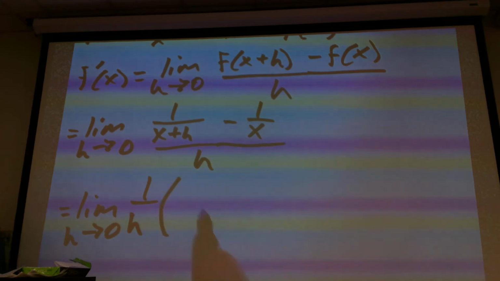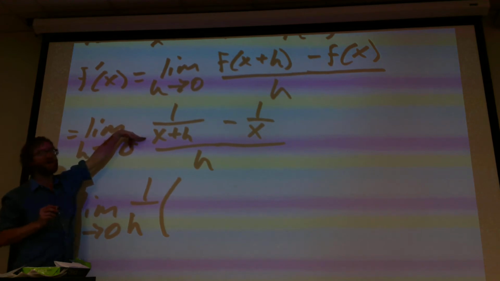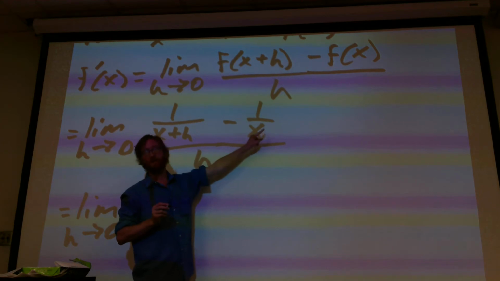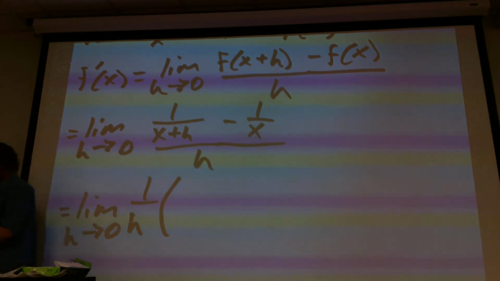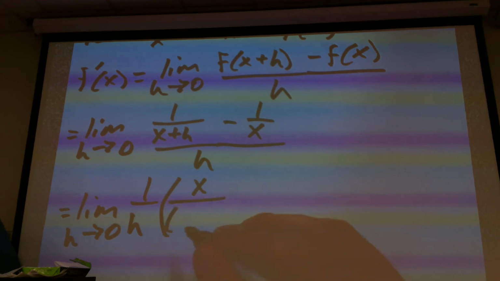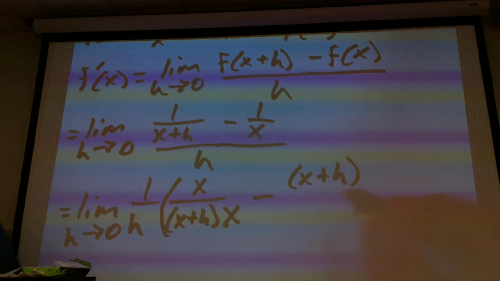Now, to get a common denominator, I'm going to have to multiply this guy by x divided by x, and I'm going to have to multiply this guy by x plus h divided by x plus h. So this is going to be x minus, I'll do this with parentheses, x plus h, over x times x plus h.